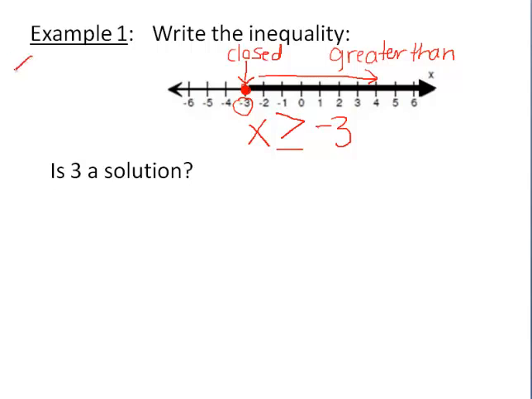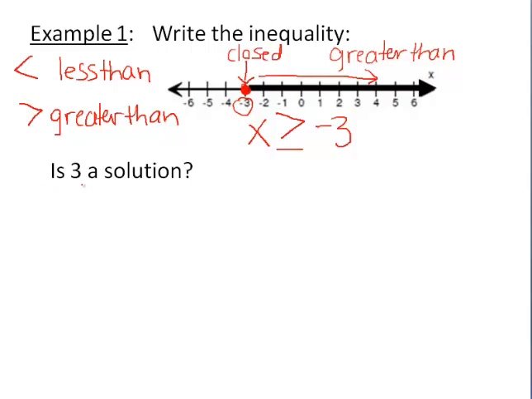The way I remember it is the less than, if you turn it, it looks like an L. So less than looks like an L, and then greater than is obviously the other one. Okay, so make sure you're using the correct symbols.